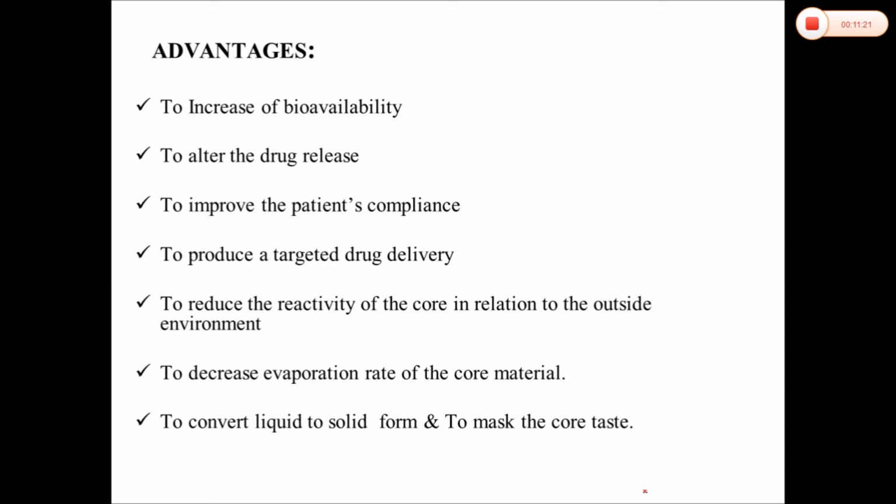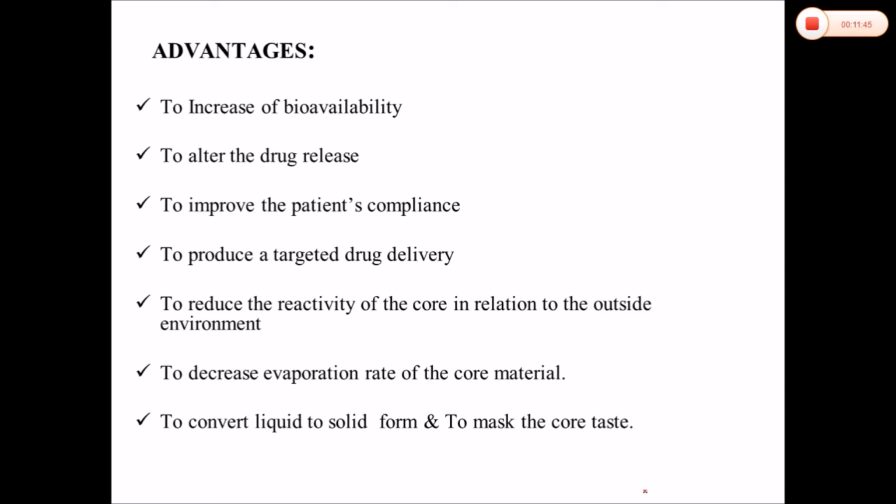So obviously the polymer that we are using has the tendency to rupture or to diffuse at that specific pH conditions only. So we can produce a targeted drug delivery where we can exactly deliver our medicament at the specific region. Also, it reduces the reactivity of the core in relation to the outside environment.